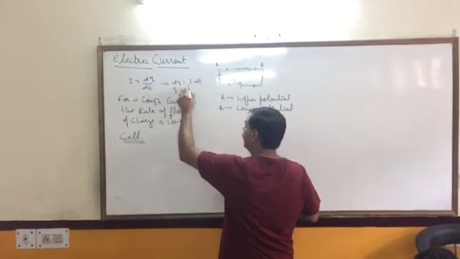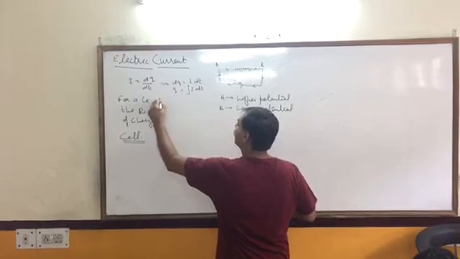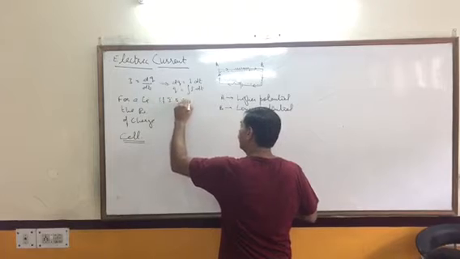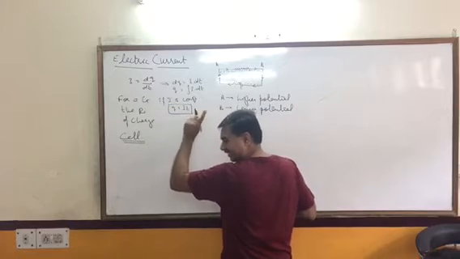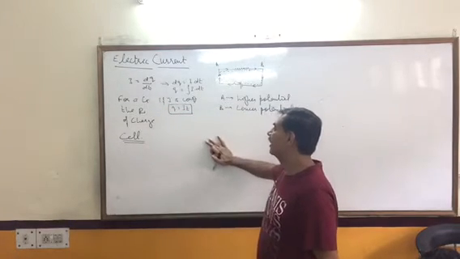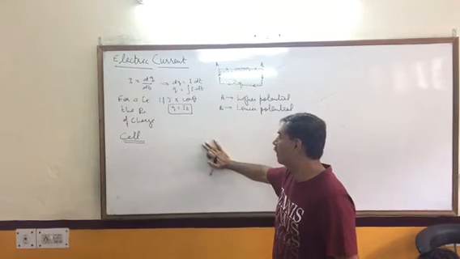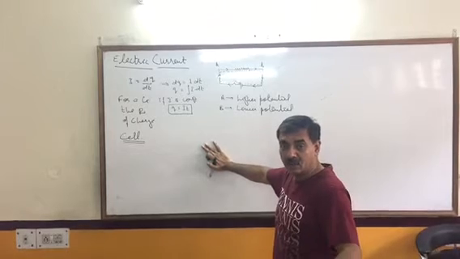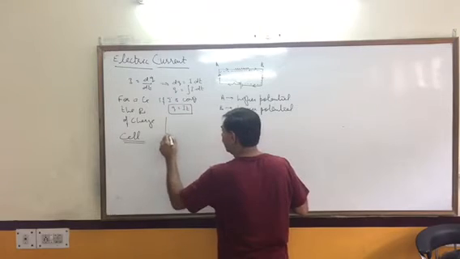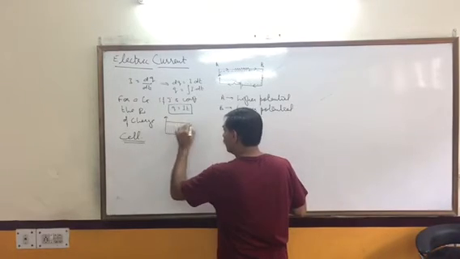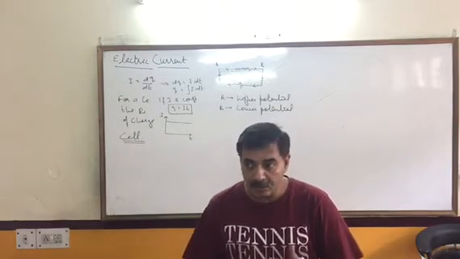So q would be the integral of I dt. And if I is constant, q will be I times t. Okay? I is constant, charge is not constant. If I is constant, the rate of flow of charge is constant.